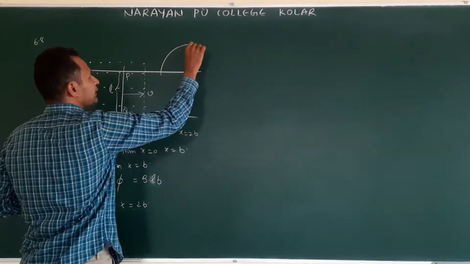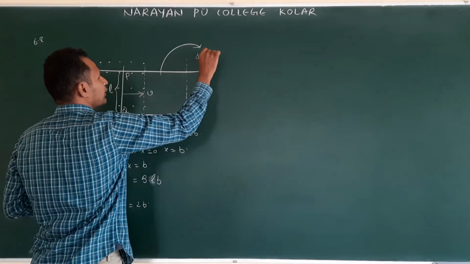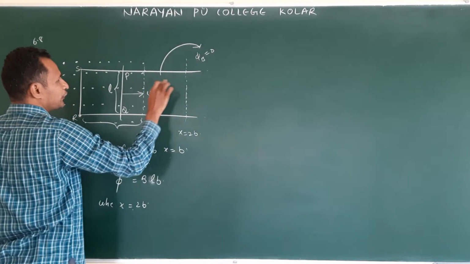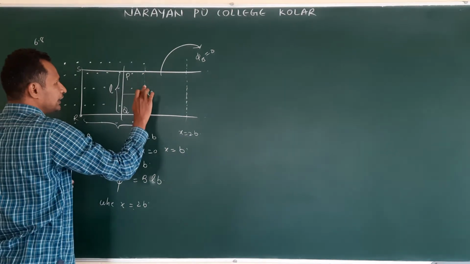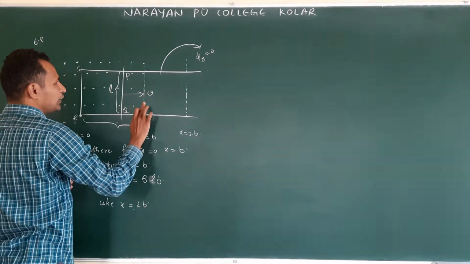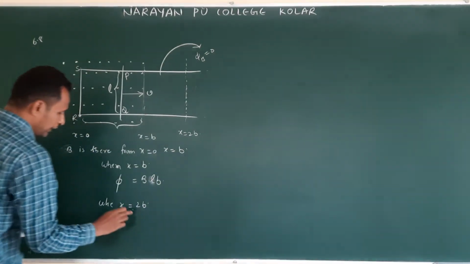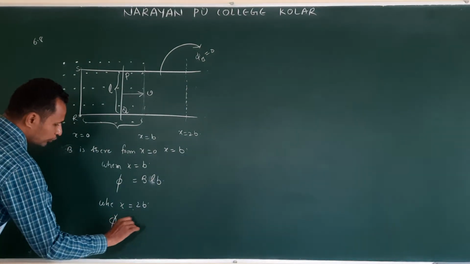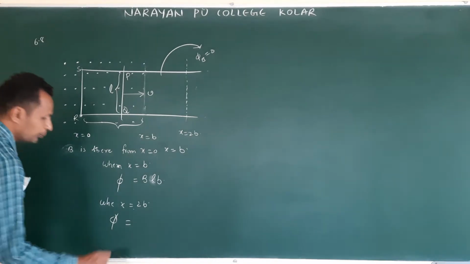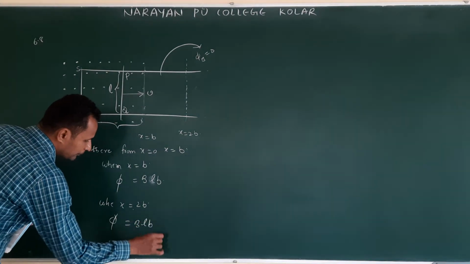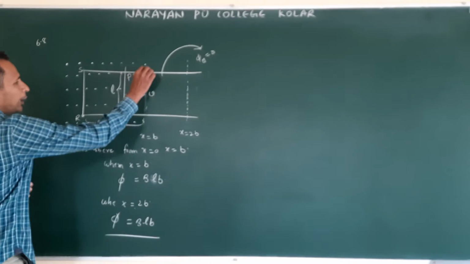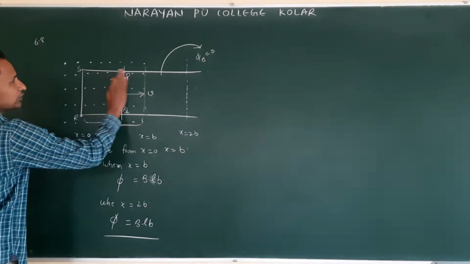If they ask in this region, flux will be 0. Reason, there is no magnetic field in this. But they did not ask. If they ask up to 2b, then what will be the flux? Then when x is equal to 2b, flux phi is equal to B into Lb only. Reason, up to this only flux was there.